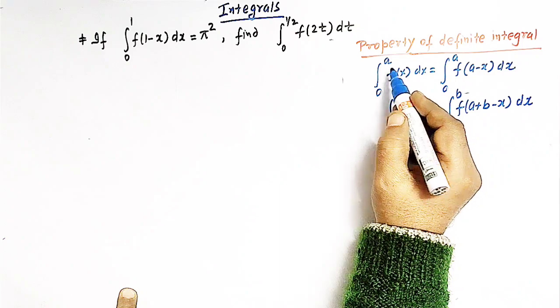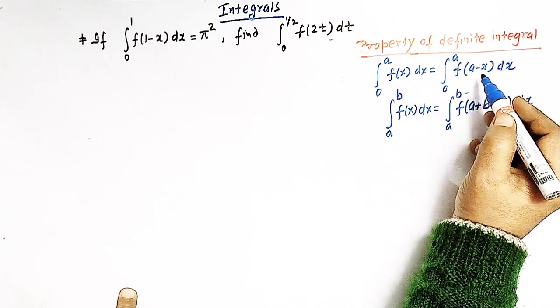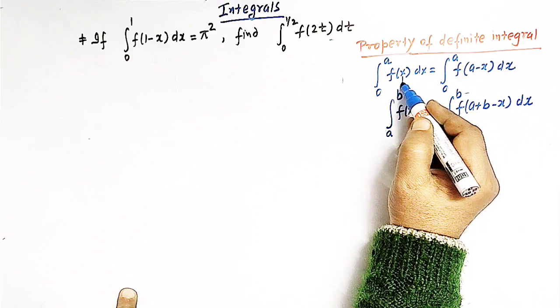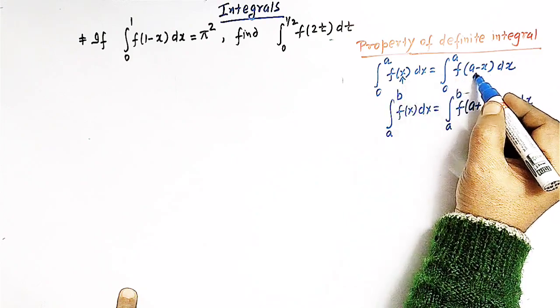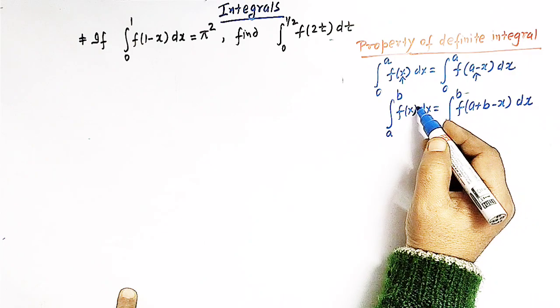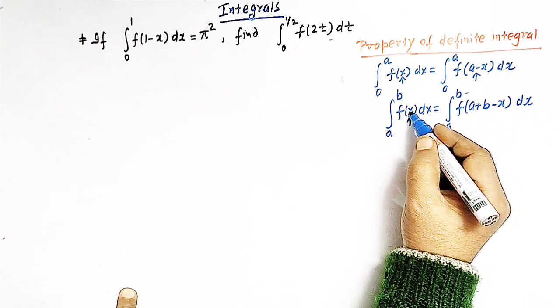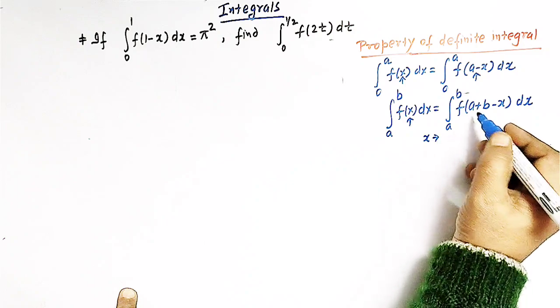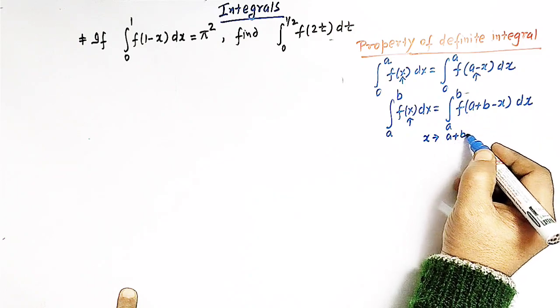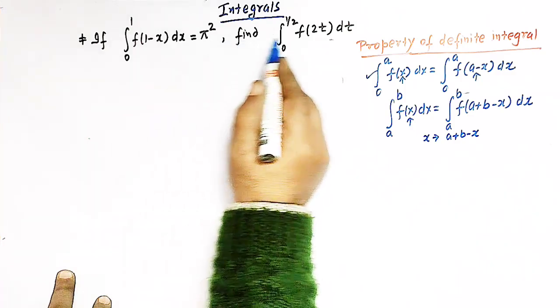So the value of this integral remains the same if we replace x by a minus x. And similarly, the value of the integral from a to b of f of x dx remains the same if we replace x by a plus b minus x, right?